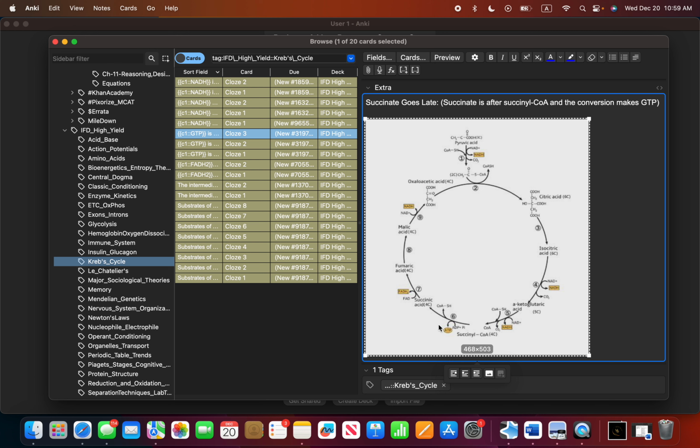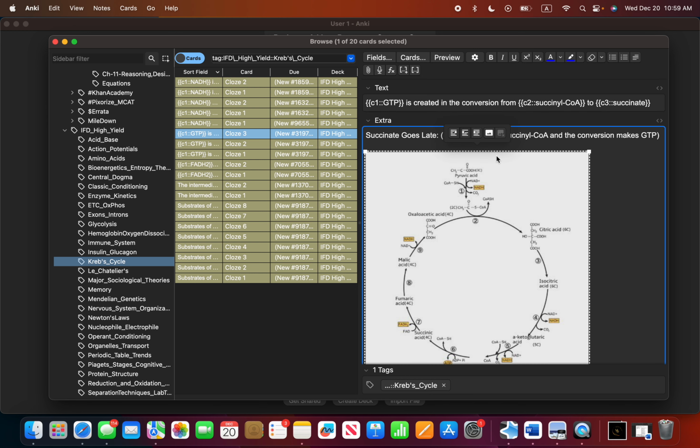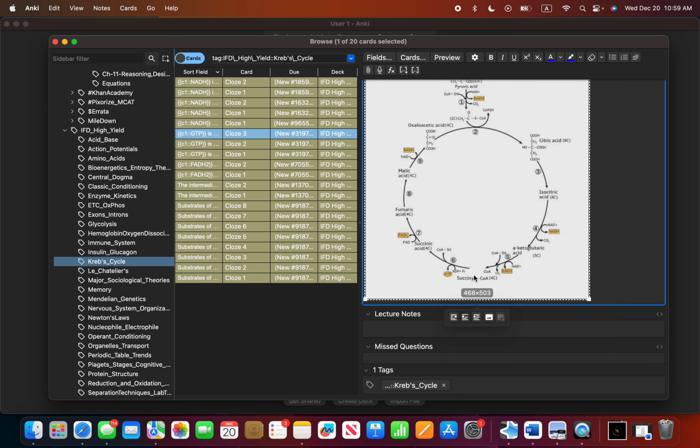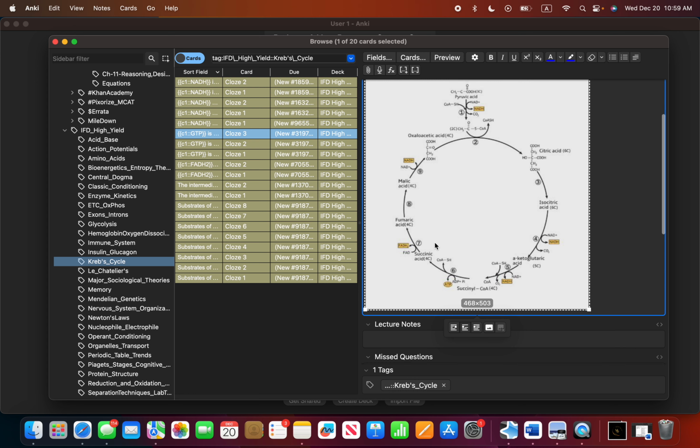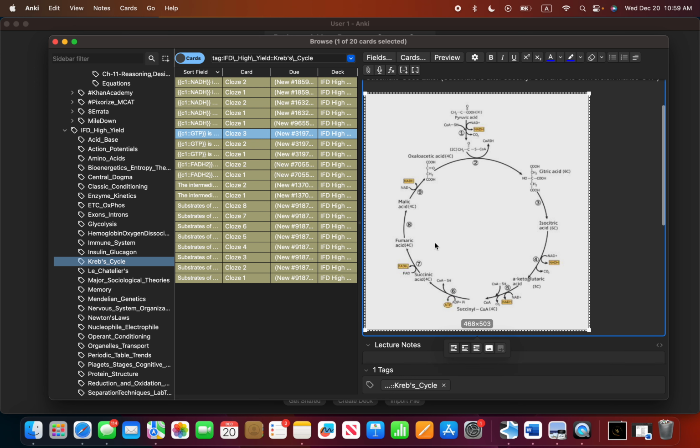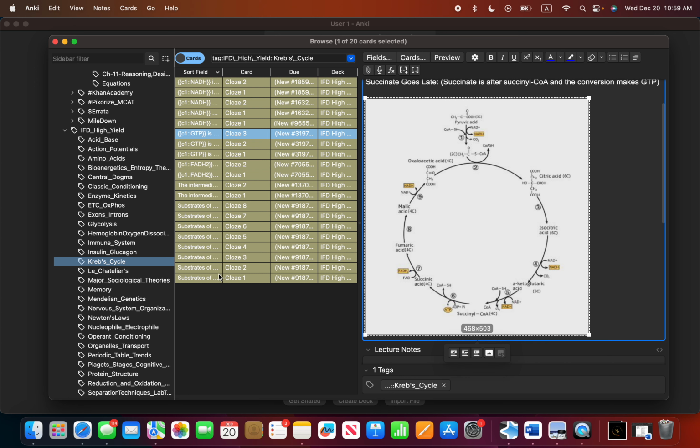And GTP is, where is that? Where is GTP? Succinyl-CoA, ATP, CoA, succinate. I don't see any GTP here. I think it's not written in this thing.